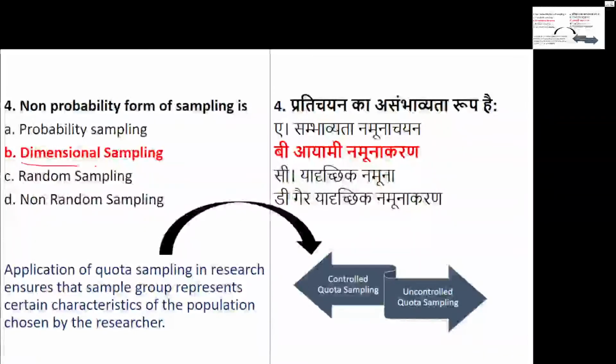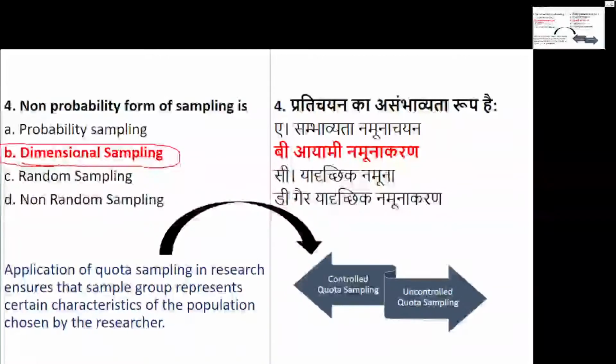And quota is called dimensional sampling. Just be careful. Quota is called dimensional sampling. In the options, they have not given dimensional directly, but they have given quota, and quota is nothing but dimensional sampling.